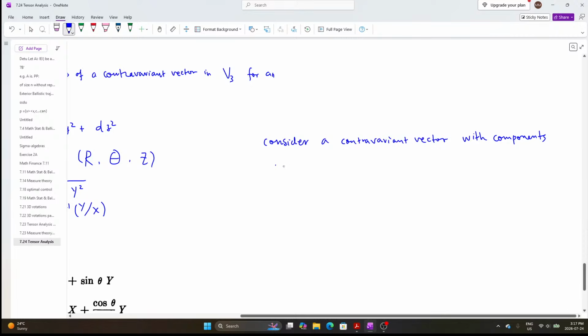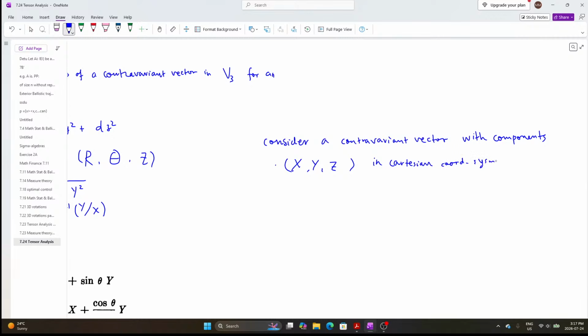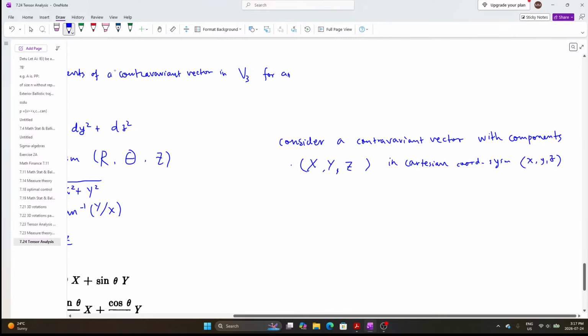With components big X, big Y, big Z in the Cartesian coordinate system, which is little x, little y, little z. So that would make sense. Yes, I think now I got it. Big X, big Y, big Z are components of vectors. They're just numbers, okay?